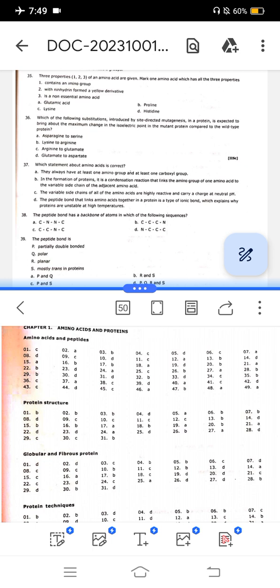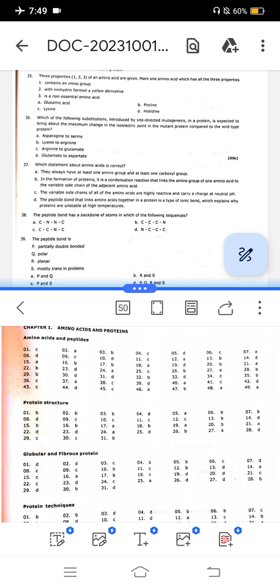The variable side chains of all of the amino acids are highly negative and carry a charge at neutral pH. The peptide bond that links amino acids together in a protein is a type of ionic bond. It explains why proteins are unstable at high temperature. All other statements are wrong. Okay, only the first one is correct.